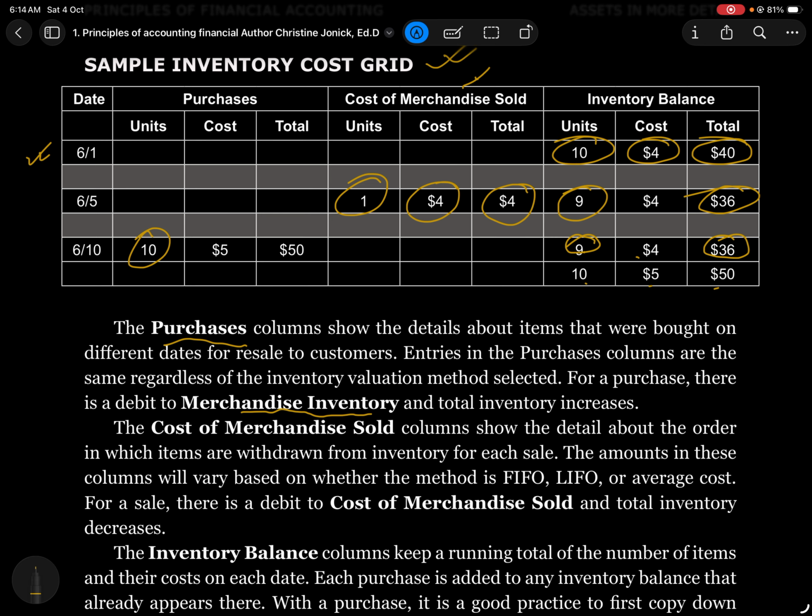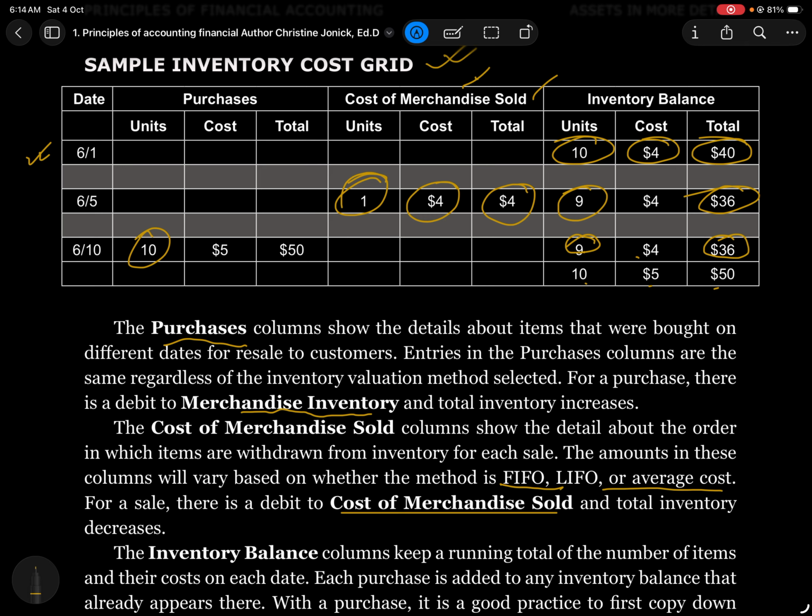Then in terms of COGS, what happens whenever we sell anything? We debit cost of merchandise sold, and credit inventory. So inventory basically decreases in that scenario, right? But the cost will vary based on the method used.